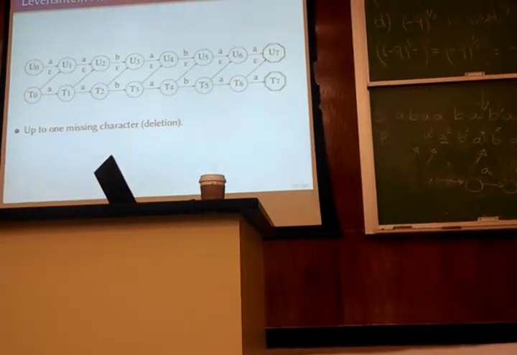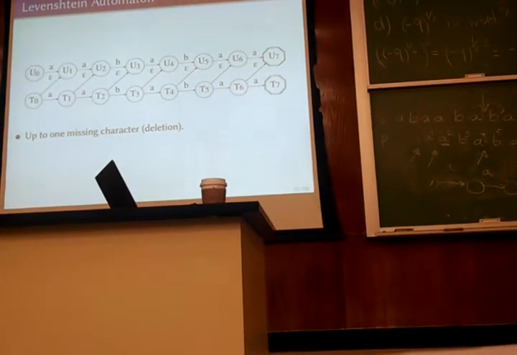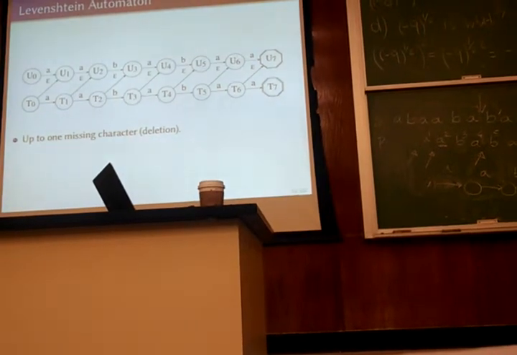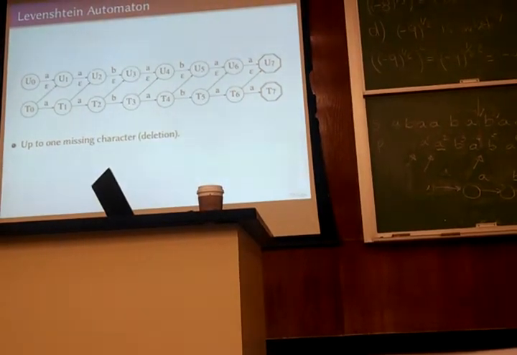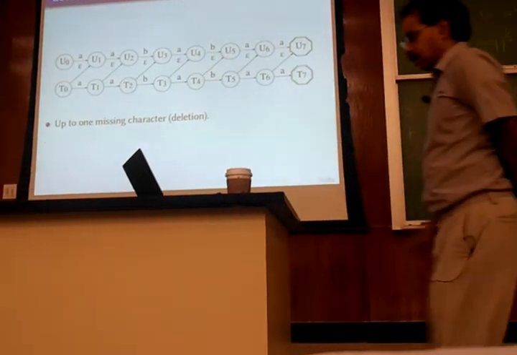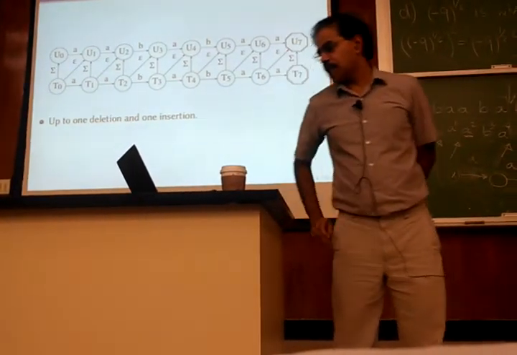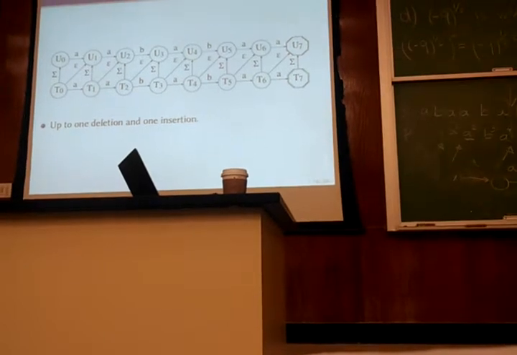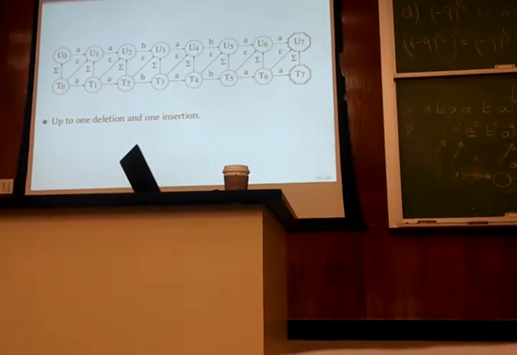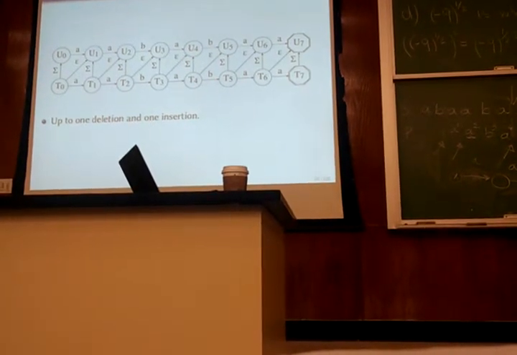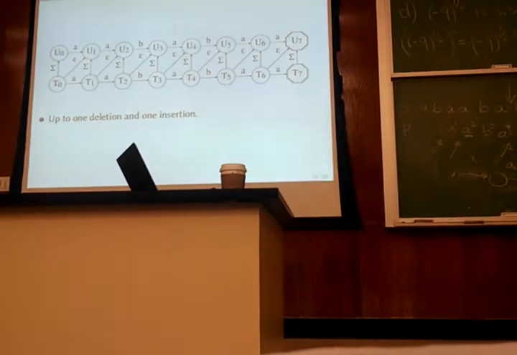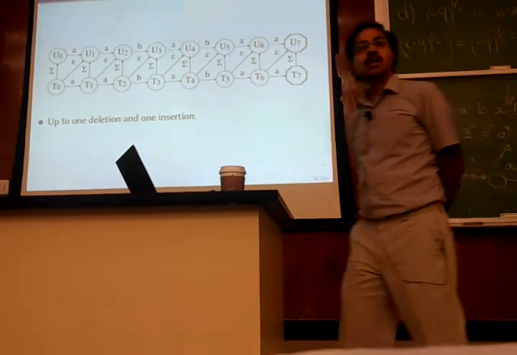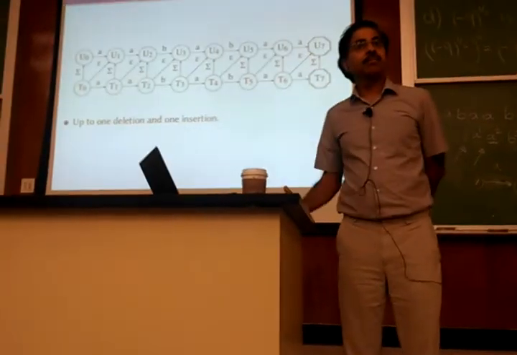The other aspect is that the transition character doesn't need to match, because you don't care what is being inserted. So you can have a transition on any character. That is the automaton. I use sigma to say any character in the alphabet can be consumed, and so you go up. Any questions? This is clear, right?